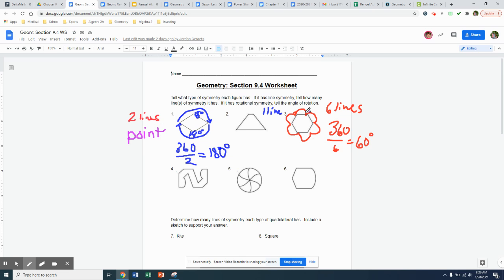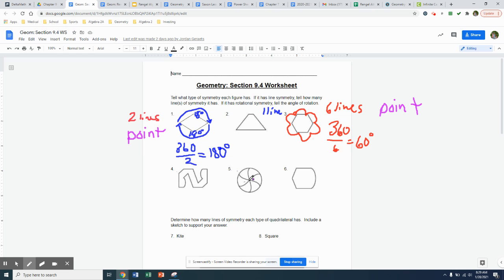And as I would rotate this around 60, 120, 180, I do have 180 degree rotation within that rotation. This one would also have point symmetry as well. So point is any time you have rotational symmetry that falls right into 180. If you can rotate something 180 degrees at some point and it's going to be back to the original figure, that's going to be point symmetry as well.